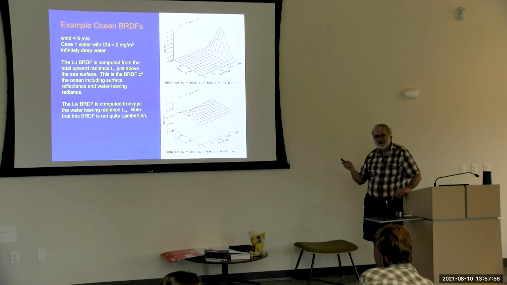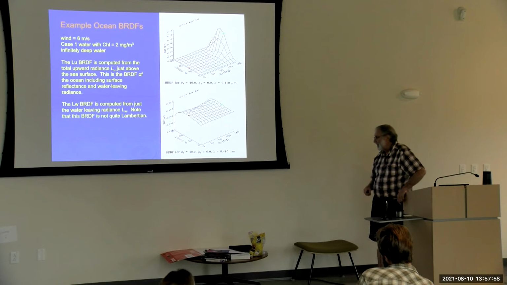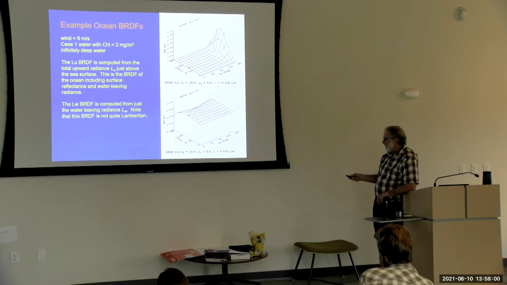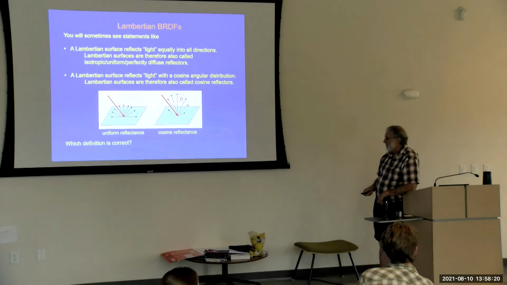People use these kinds of things in all sorts of applications and modeling. We'll learn in a minute that a Lambertian BRDF means that the reflected radiance is the same in all directions. Well, you'll see here, it's actually not, but it's not too far away. We'll see some more of that in a minute. Anyway, you will see these sorts of things used.